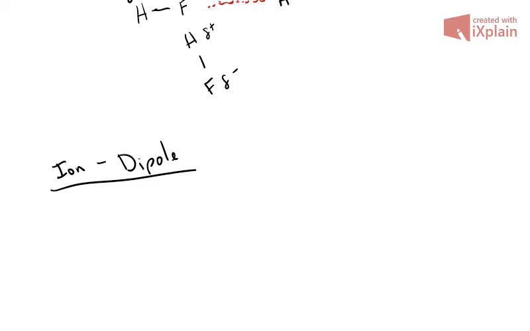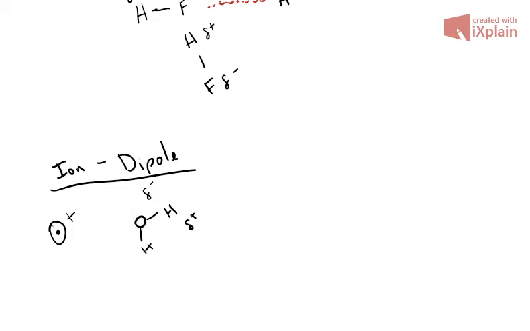So say you have an ion of sodium plus, a full plus charge, and it's coming up towards water, let's say. Water has a slightly negative and a slightly positive side. It's got a dipole going up like that.